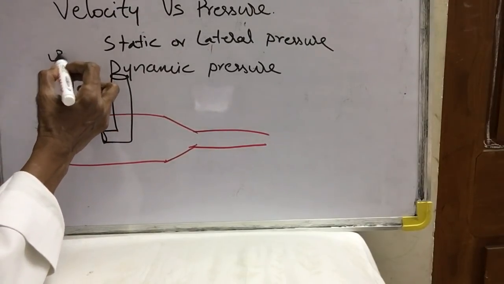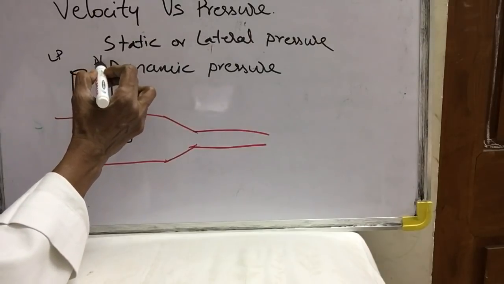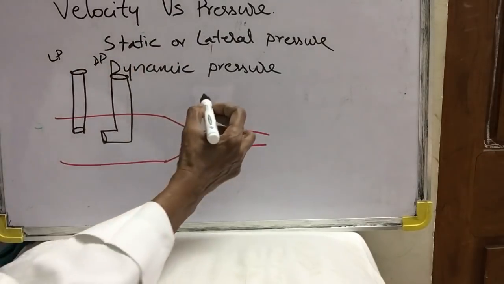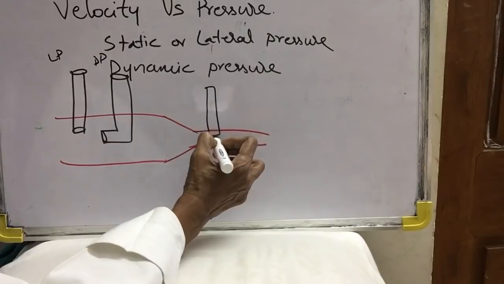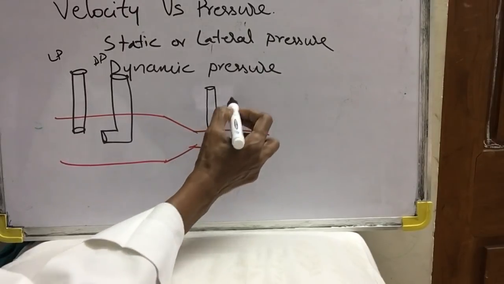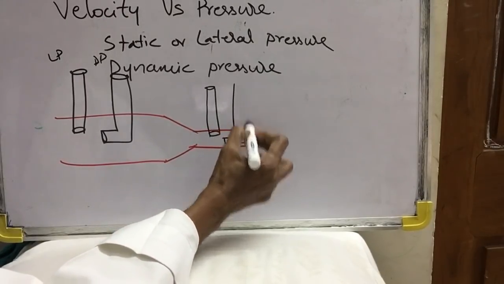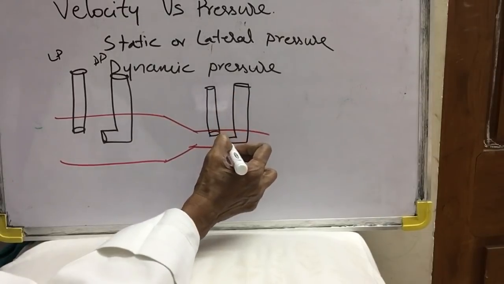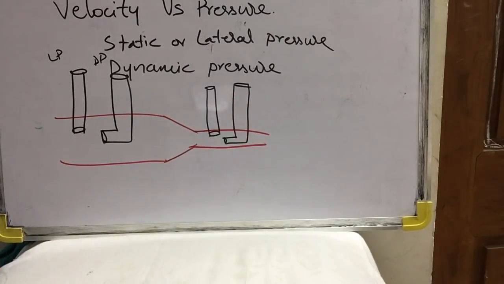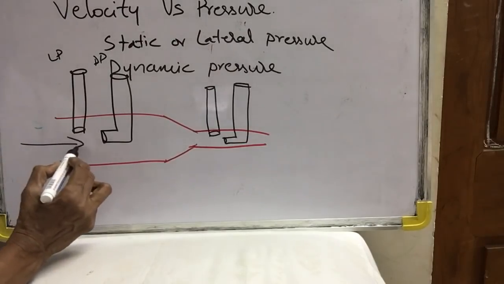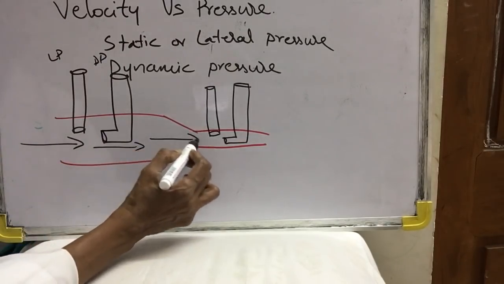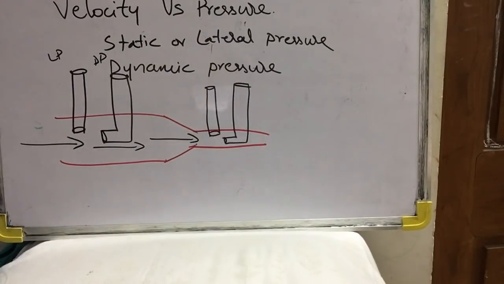This will measure the lateral pressure and this will measure the dynamic pressure. And here also same, in the narrow part of the vessel two tubes are placed which will measure both the dynamic and lateral pressure. And this arrow indicates the flow of blood in the vessel.